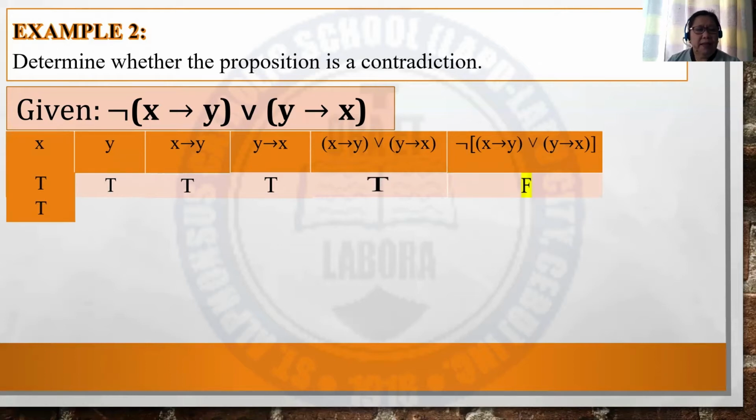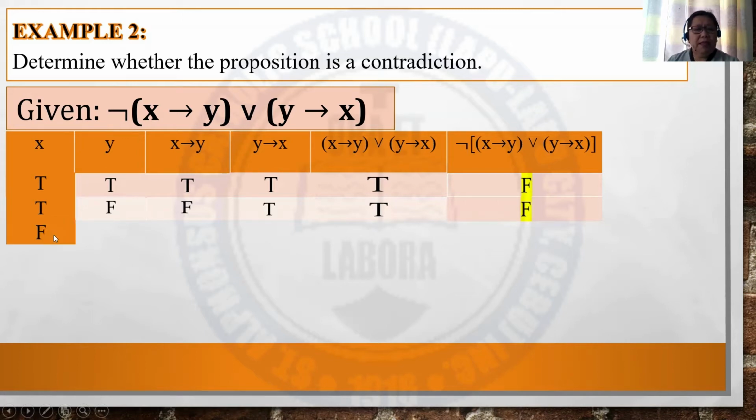Next, if x is true and y is false, then x implies y is false, and y implies x is true. And for the disjunction, we have true. Since this is true, the negation of this is false.